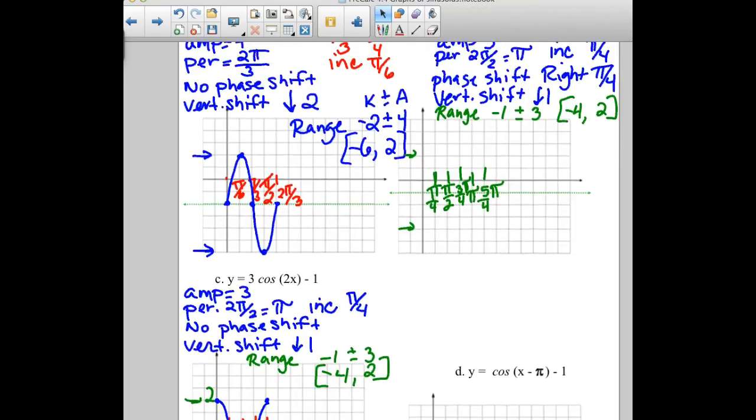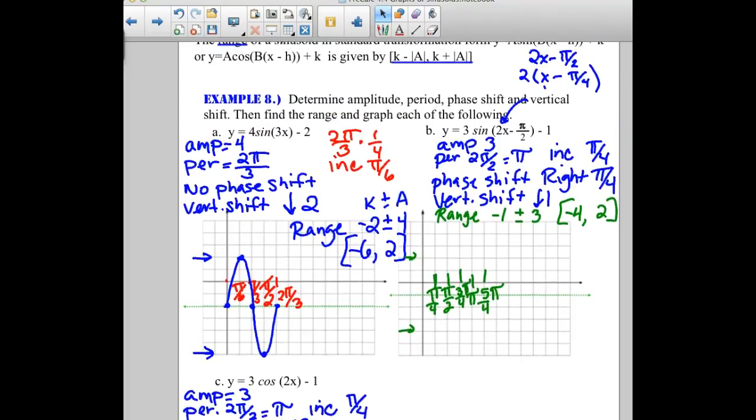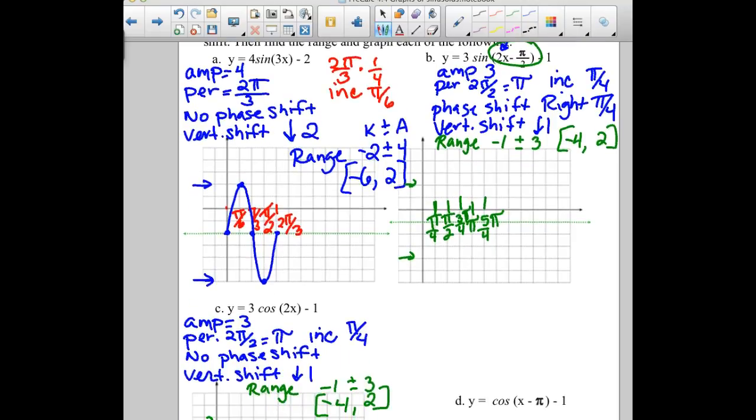All right. We had in our original problem that piece right there, 2x minus pi/2. Let's think about what we had done last week. We took 2x minus pi/2, and we said normally it goes between 0 and 2 pi for one period. What did we need to do to solve this for x? Okay, first add pi/2 to both sides.